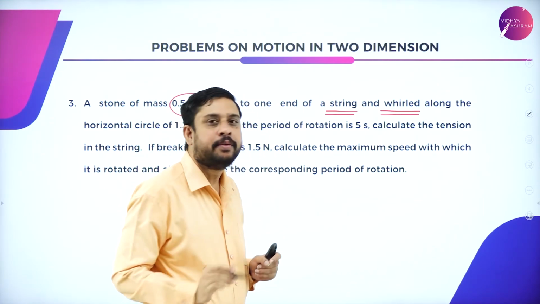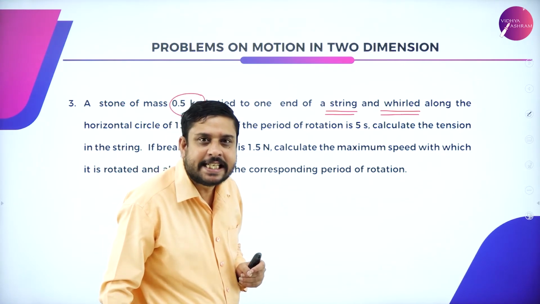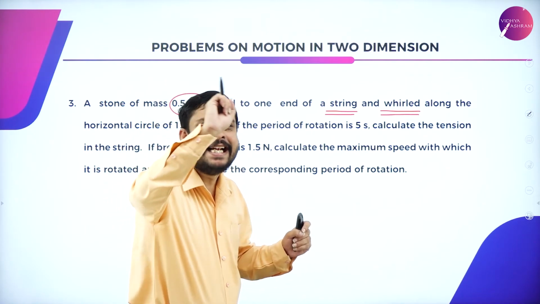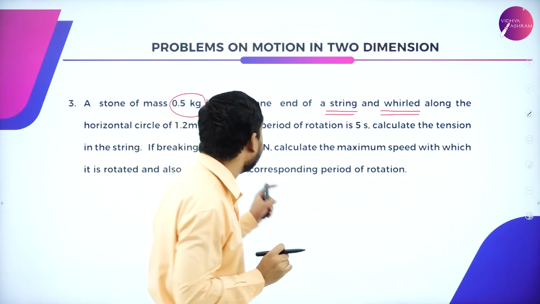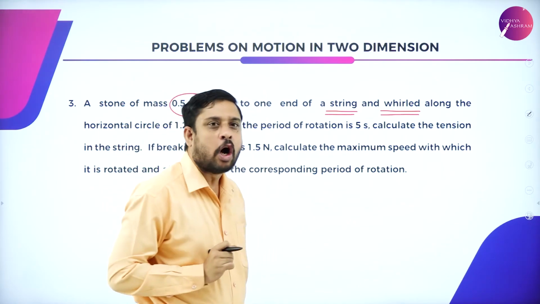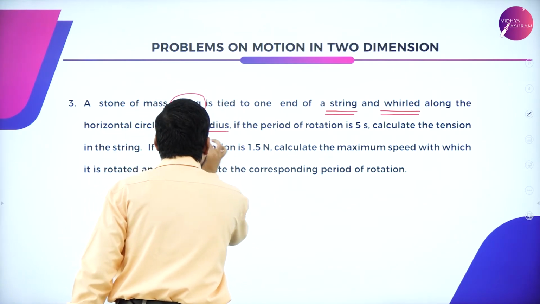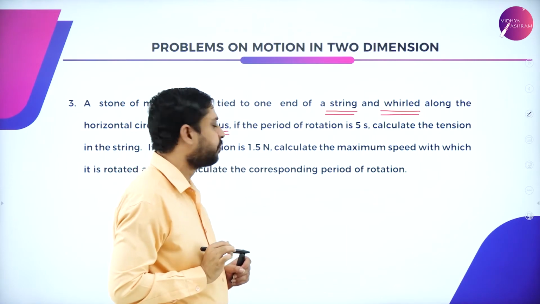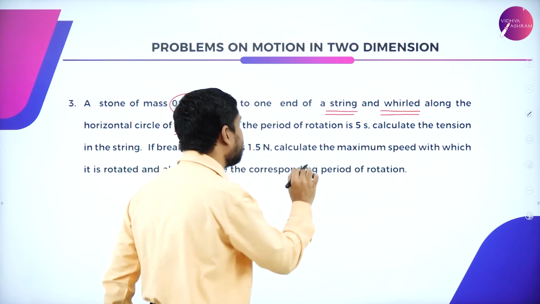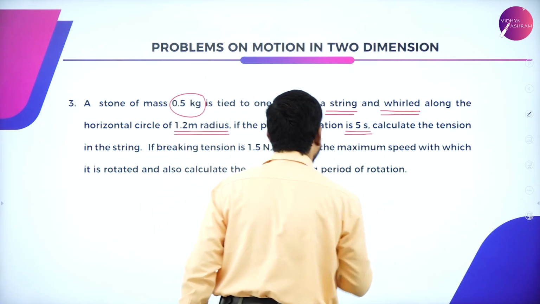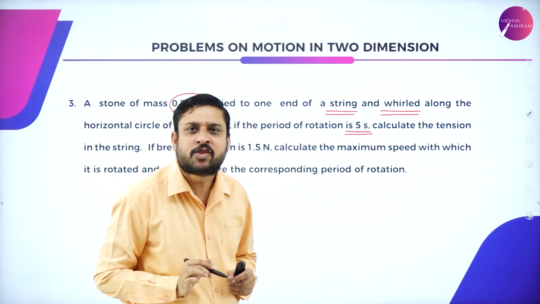So a stone of mass 0.5 kg is tied to one end of a string and is rotated along the horizontal circle of 1.2 meter radius. If the period of rotation is 5 seconds, calculate the tension in the string.